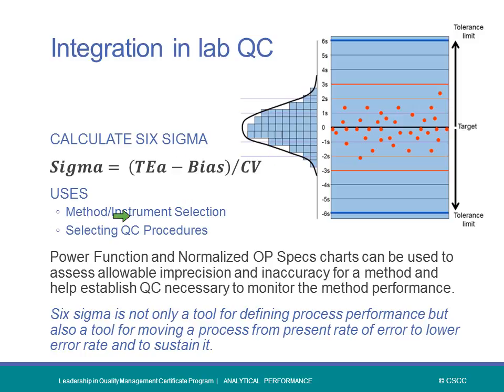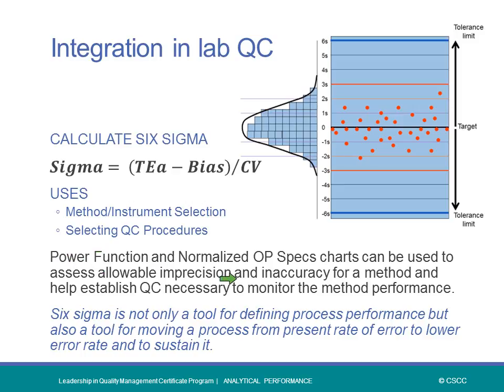It's also useful, certainly, on a day-to-day basis in assigning QC procedures and developing QC programs for various analytes. Some tools you might also find useful in this aspect are power function charts and normalized operation specification charts.